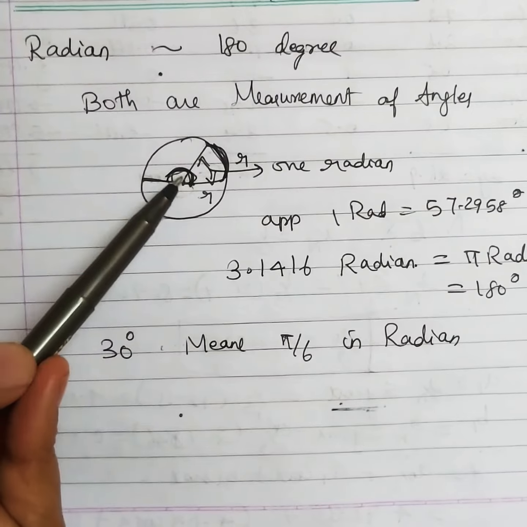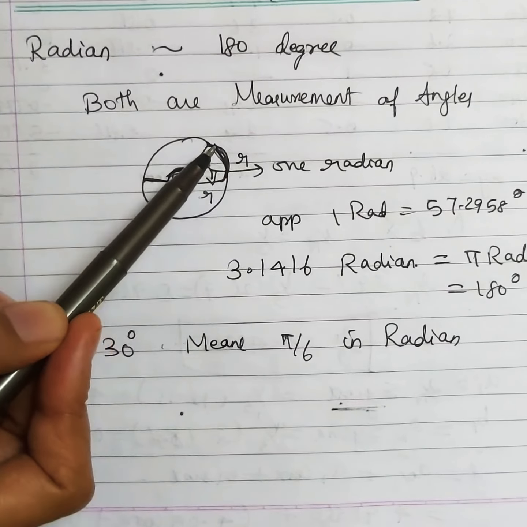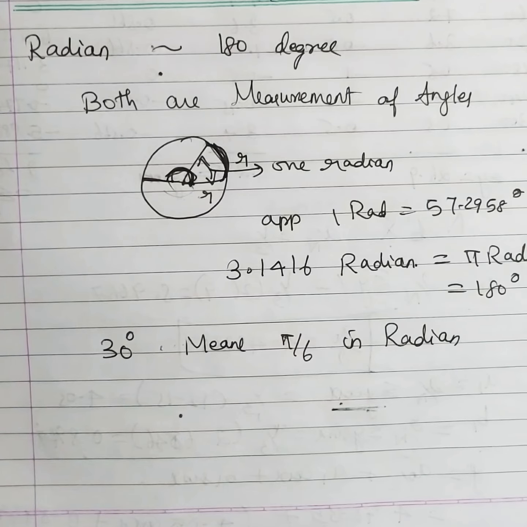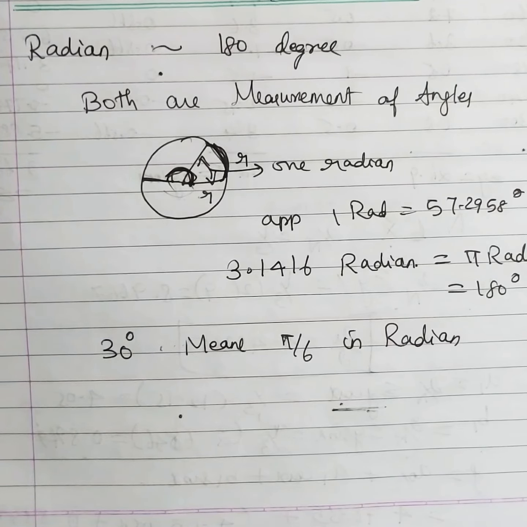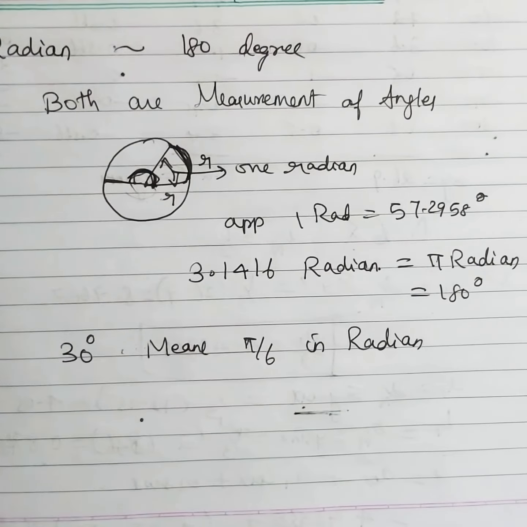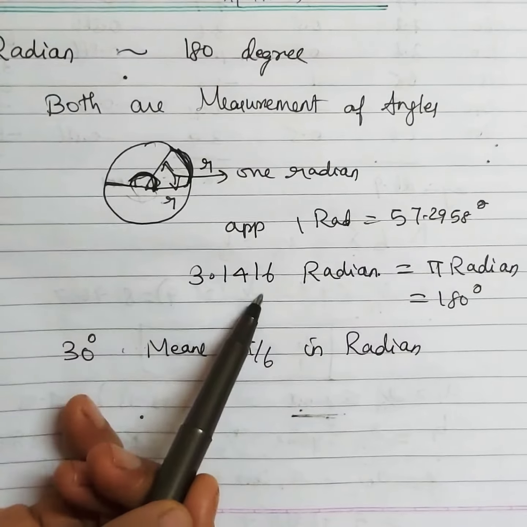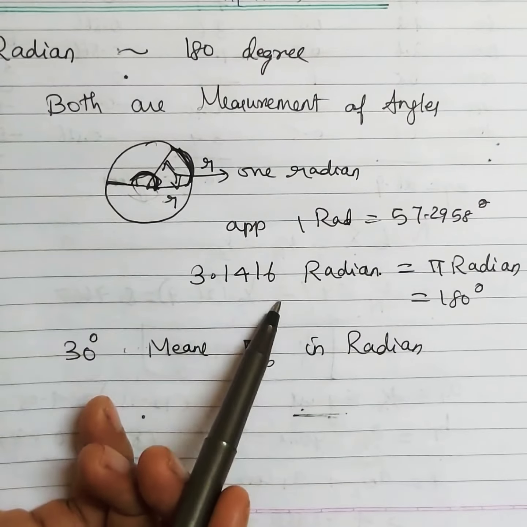So in degree we are talking about the angle, here this is the distance. Approximately 1 radian is nothing but 57.2958 degree. And eventually, 3.1416 radian is nothing but pi radian. This is the pi value we have approximated.